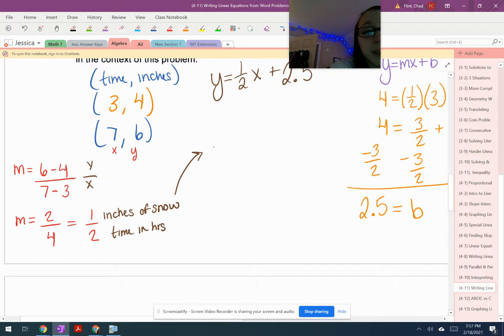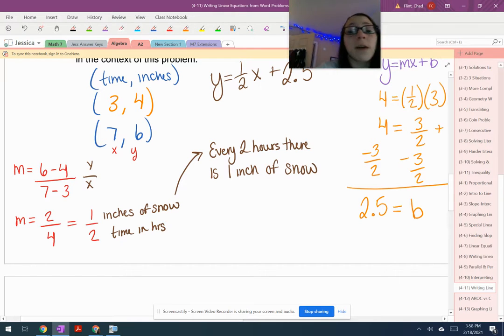So this means every 2 hours there is 1 inch of snow. Boom. Or something along the lines of using the word rate. They love when you use fancy words.